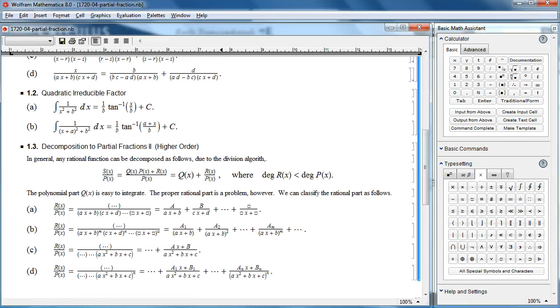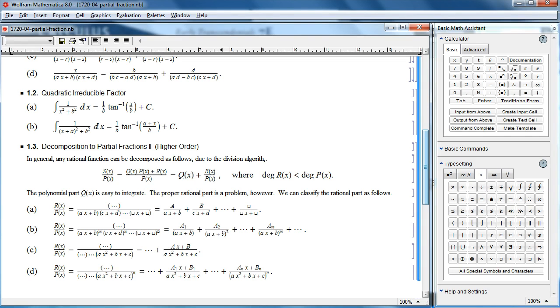Factor the denominator, that's the same, and then we'll have to set up A1, A2, A3, something like that for each multiplicity, and then for different ones. Consequently, we're going to end up with a lot of coefficients and a rather humongous system of linear equations.